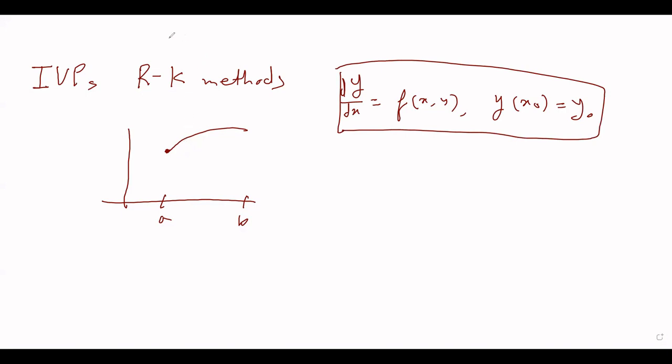So the main idea was we draw a tangent line at the starting point. Then what we do is, instead of finding the value of y at, okay, I think I need to make a little change here. Say this is x naught, and say this is the immediate next point x1.